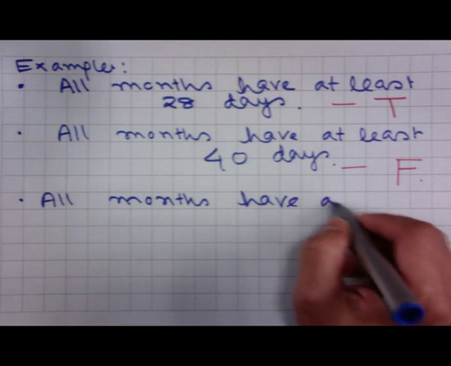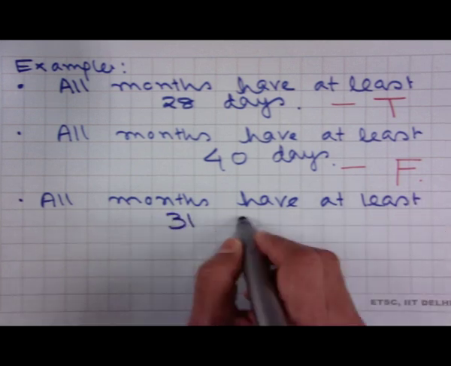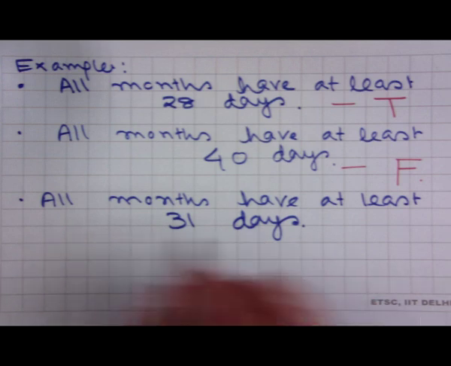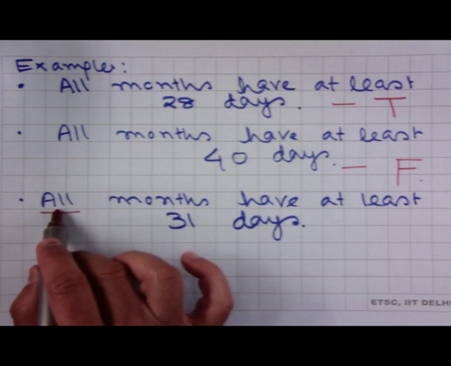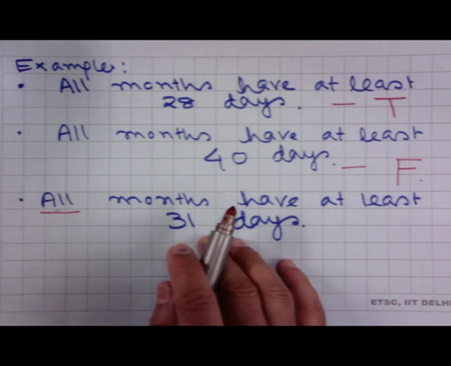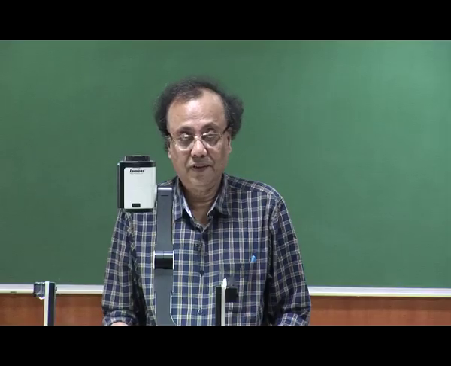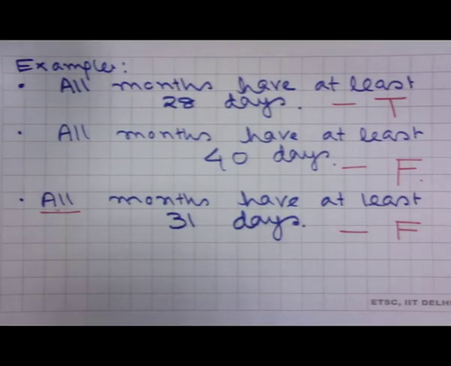All months have at least 31 days. We know that there are months having 31 days. So, it appears to be correct, but that is not true. Look at this word all. This is a statement with respect to all the 12 months in a calendar, and therefore, this is incorrect. Therefore, this also gets a truth value equal to false.